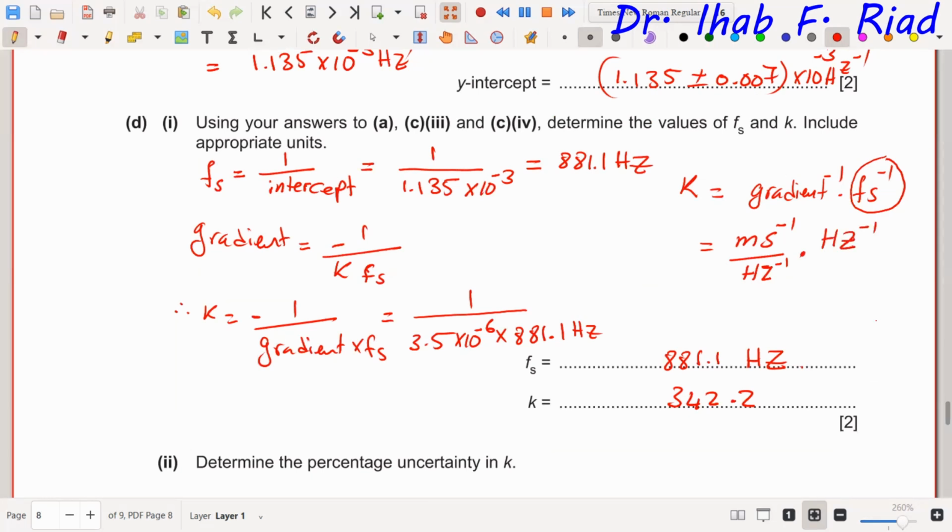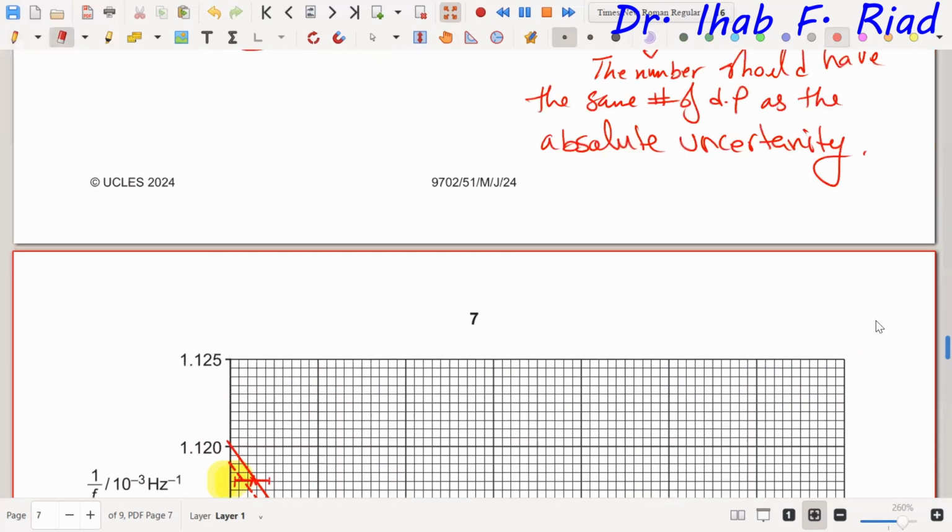So what is going to happen? Hertz minus 1 cancels hertz minus 1. And left meter per second. Right? Yes. Look how it happened here.